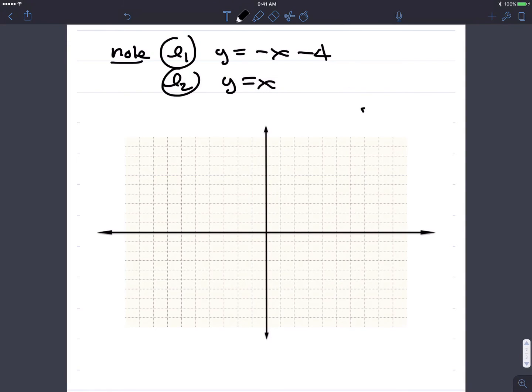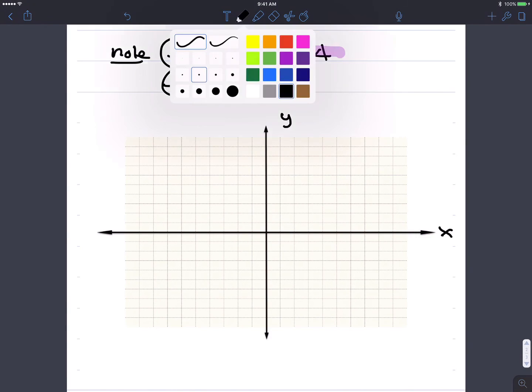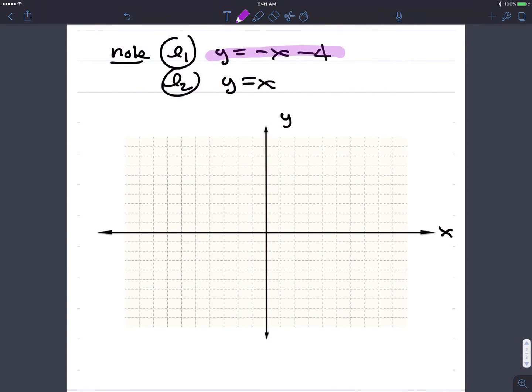Okay, so let's remember we have our x-axis and our y-axis. Now, the first equation we're going to look at in purple, and notice I start at a y-intercept of negative 4.